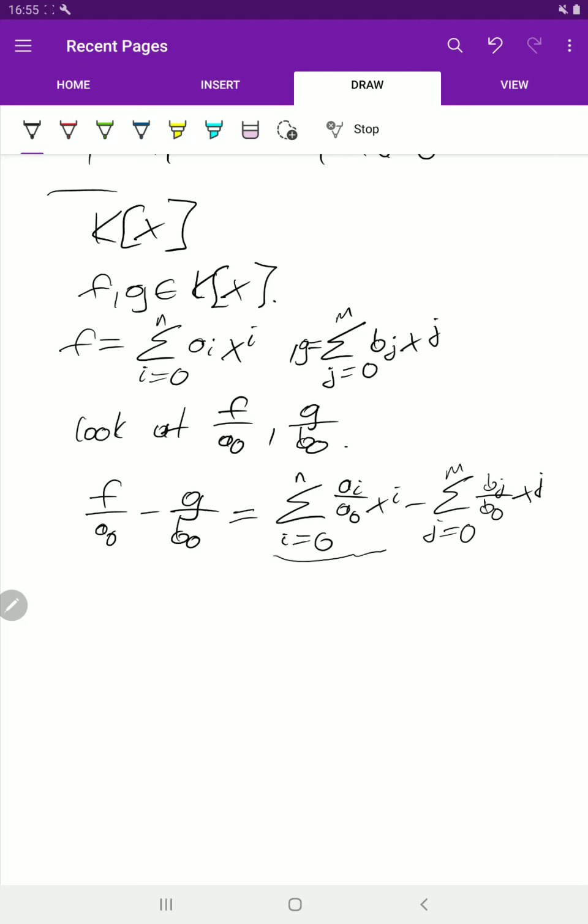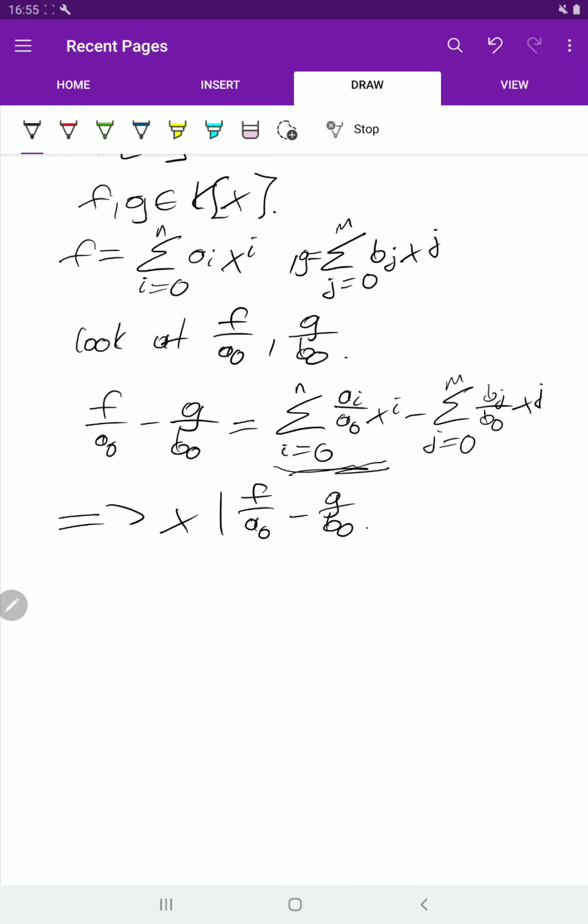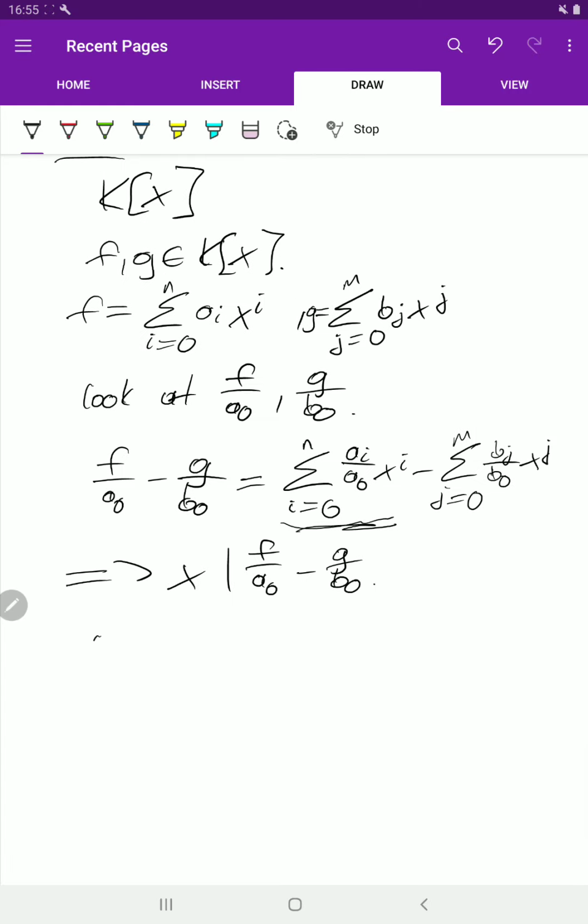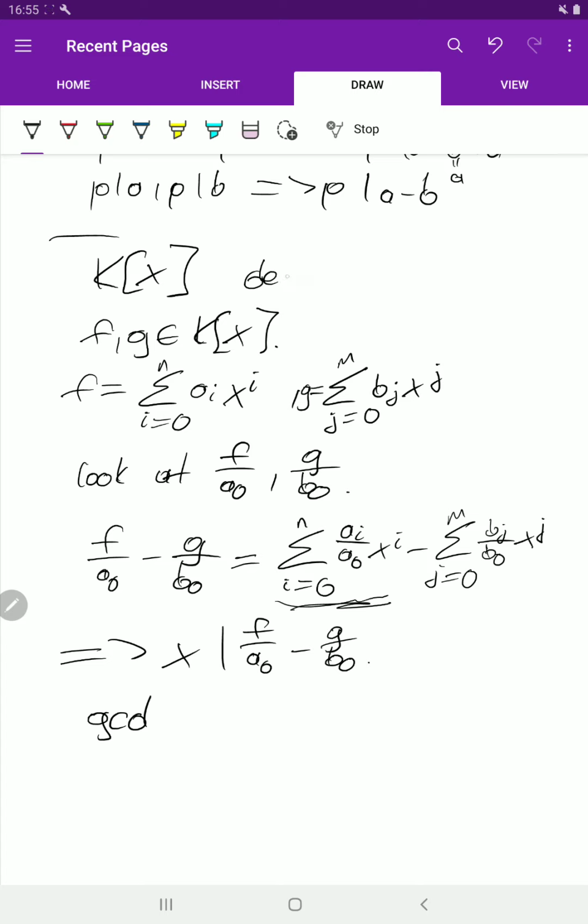And for the 0 term, the important thing to note is that the 0 coefficient of this polynomial is 1, and of this it's also 1. So we get that x divides f over a_0 minus g over b_0. And so what we can do, we see again the greatest common divisor. Let's say the degree of f is at least the degree of g.